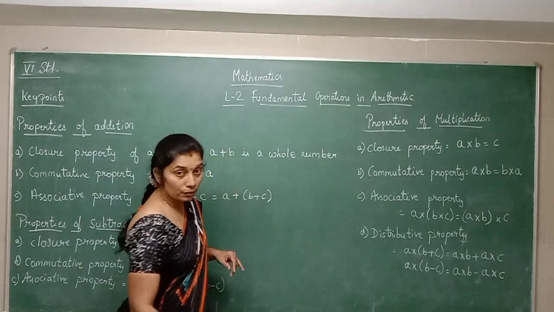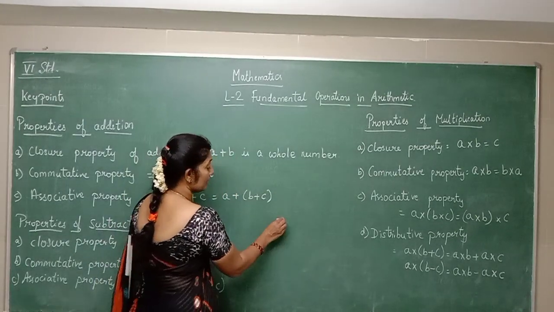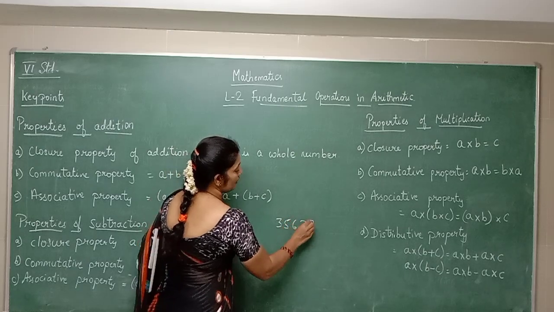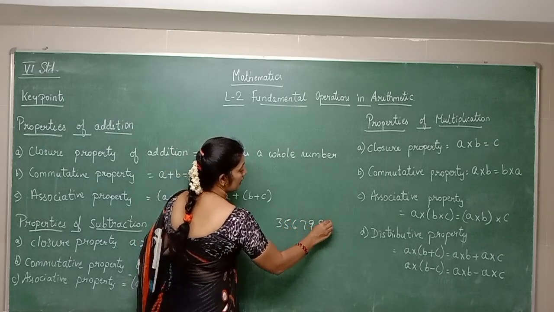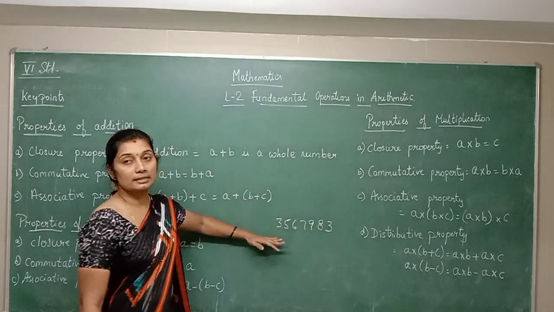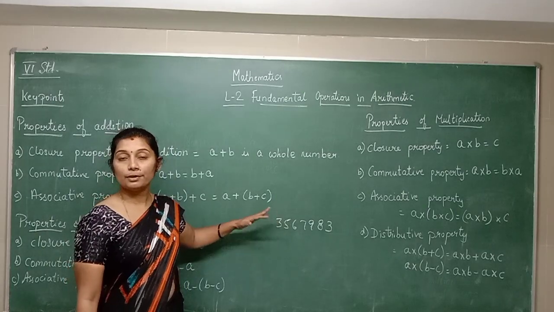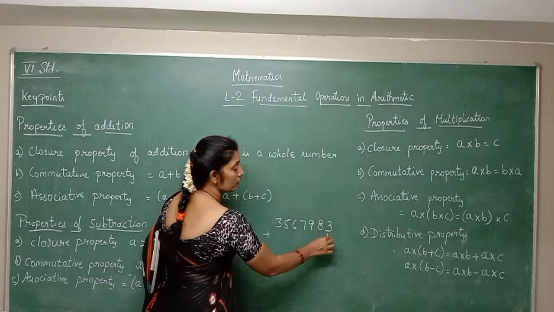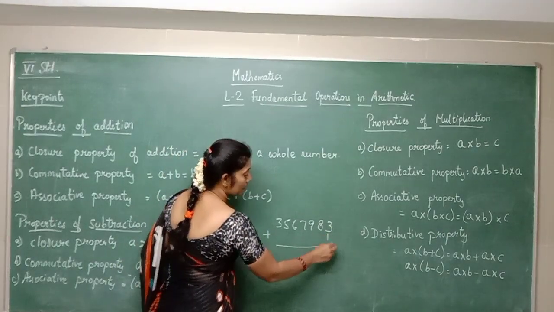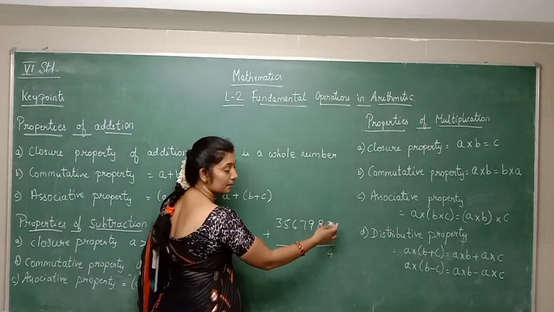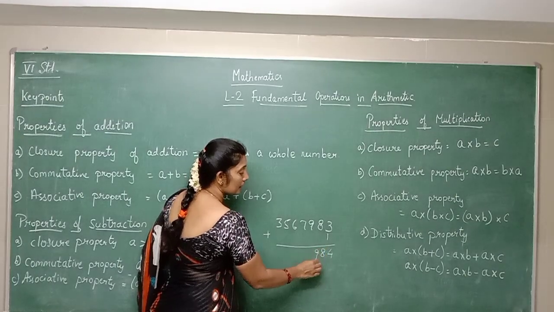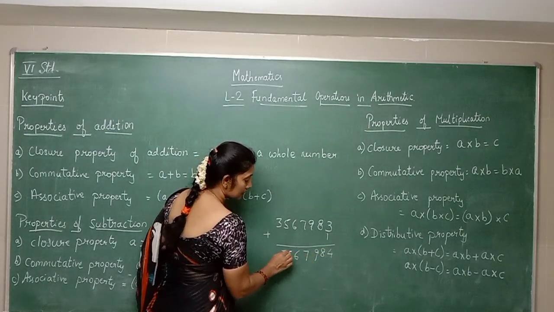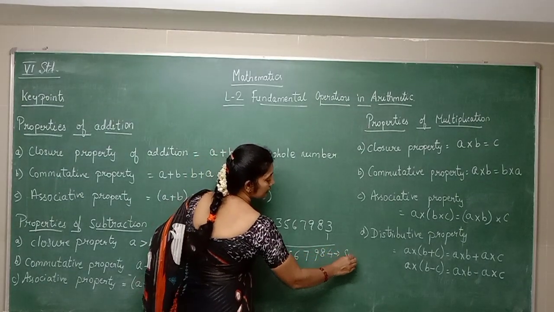Now, when I taught you for multiple digits, for example, if they give 3, 5, 6, 7, 9, 8, 3, and I want the successor for this number, what will you do? As I said, successor means you are adding plus 1 to this. So when you add, only the last number changes, 3, the next number is 4, and the balance numbers remain as they are. So this is called the successor.